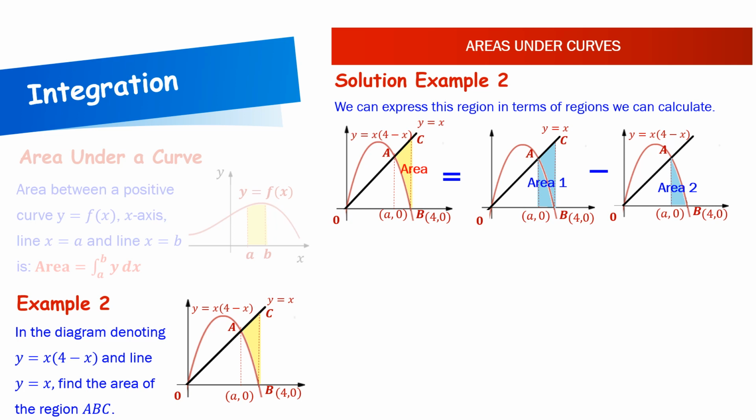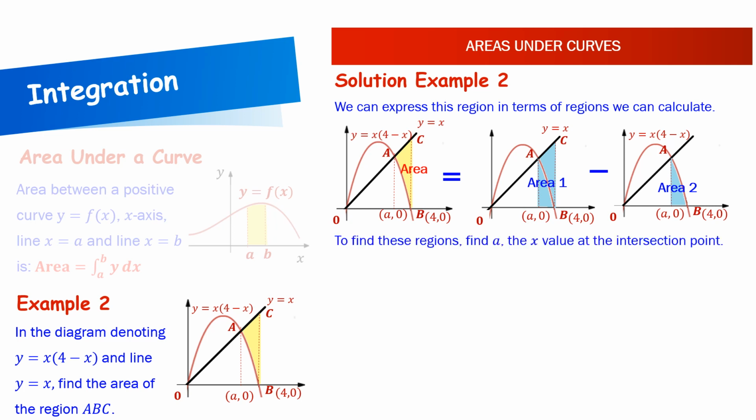Again, let's name these areas. The first area we're looking for, we're simply going to call area, and this is going to equal area 1, which is the region below the straight line, minus area 2, which is the region below the curve.